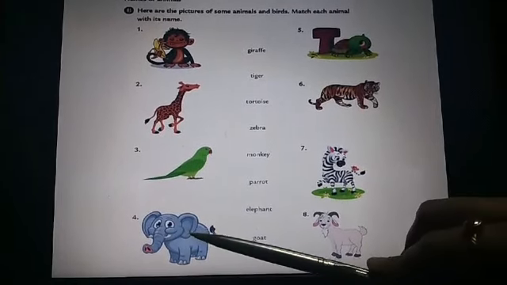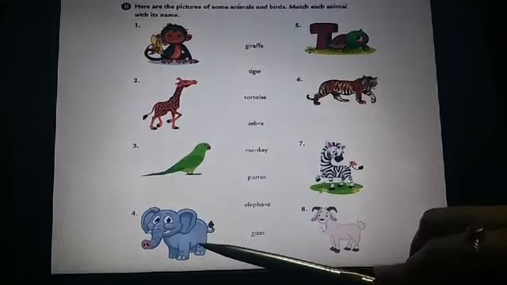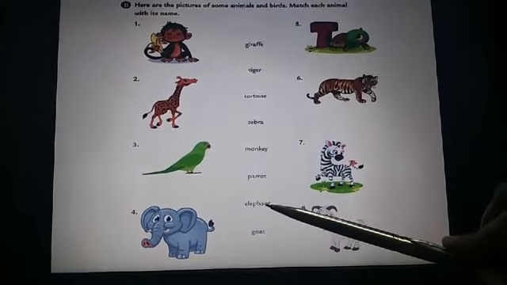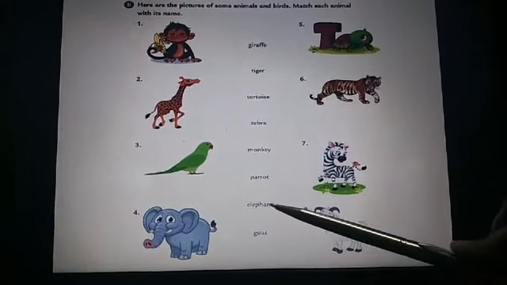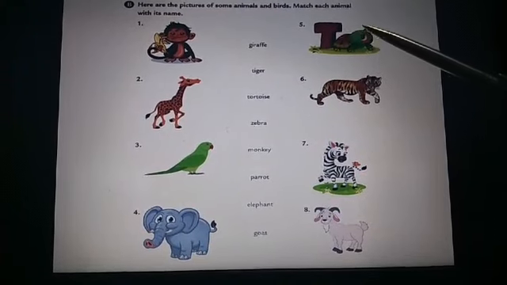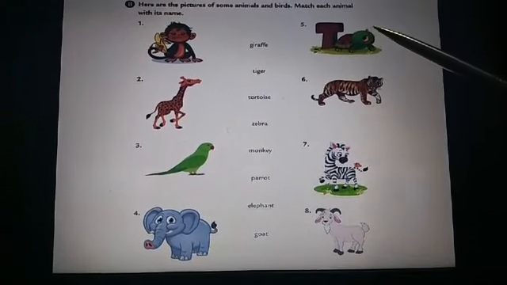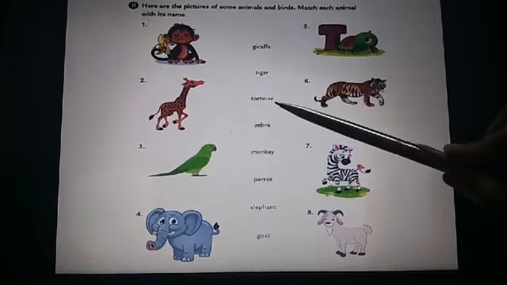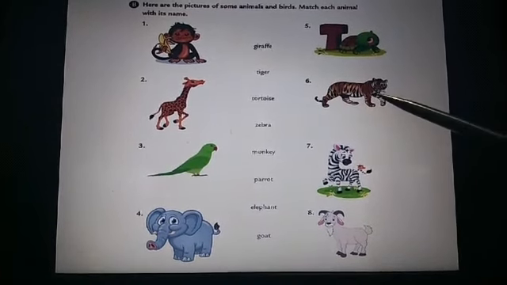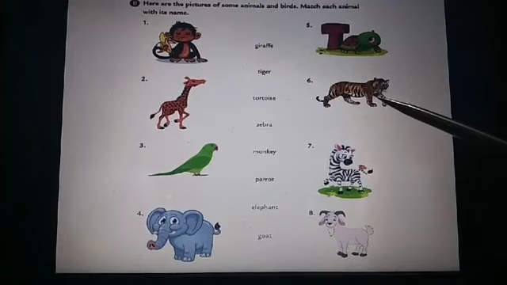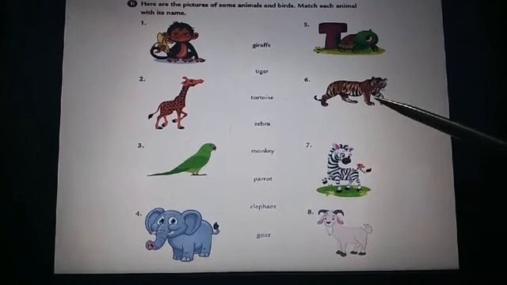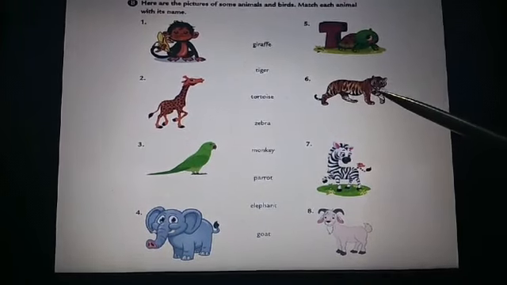Now moving to our next picture. It is an elephant. Yes, elephant. So in front of 4 you have to write elephant. Our fifth image is of a tortoise. See, here it is. Moving to the next animal. It is a tiger. It is also our national animal.